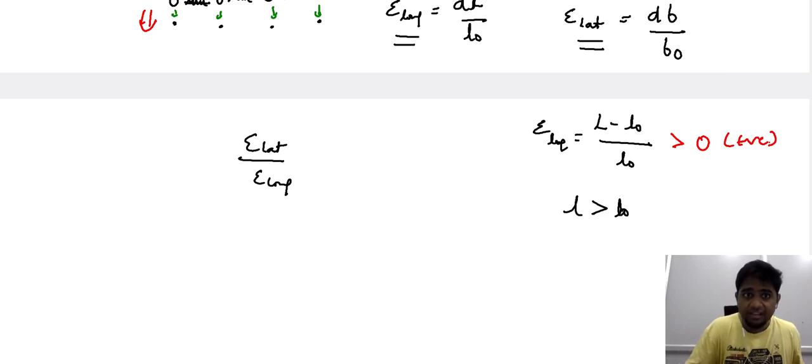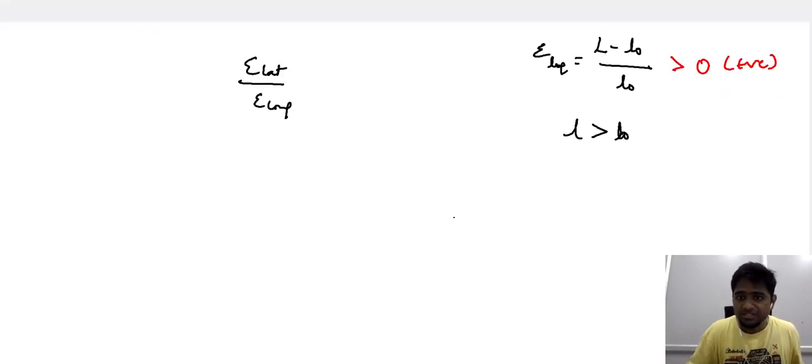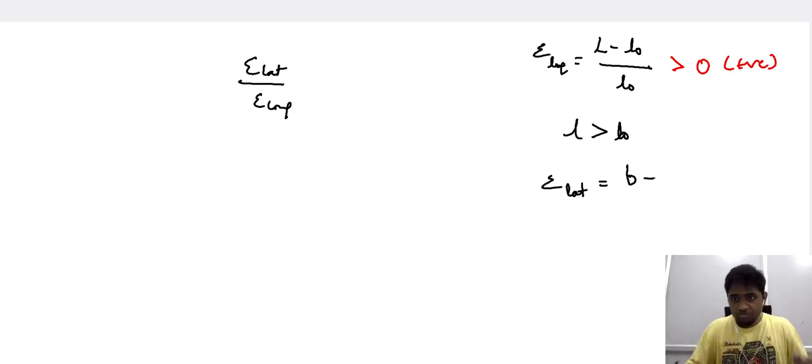However, if you consider in a similar way the lateral strain, similar to the description of the longitudinal strain, in the numerator we consider the difference between the dimension in response to the uni-axial tensile loading and the original lateral dimension, and the ratio is taken with respect to the original lateral dimension. So the description is the same.